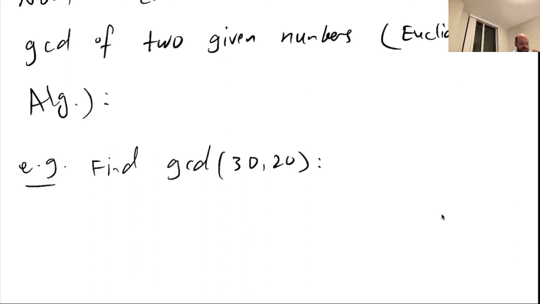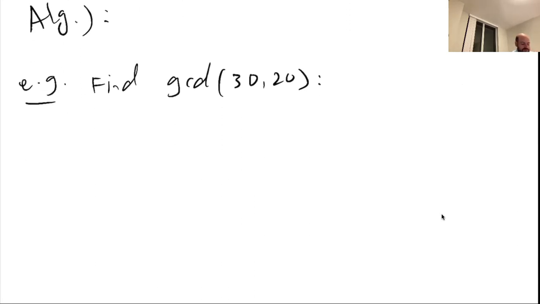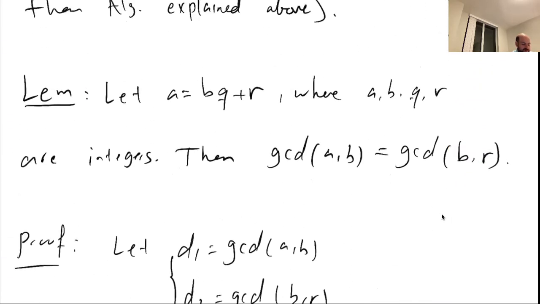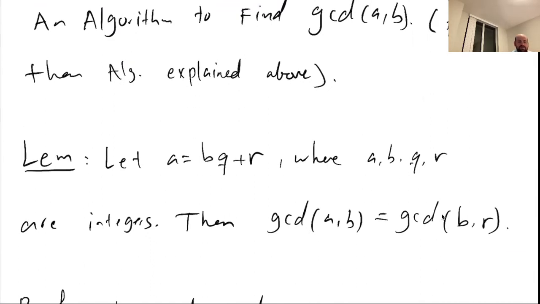In the lemma, we said that if we do the long division, A as dividend, B as divisor, then we get A equals BQ plus R. We want to find the GCD of A and B, but the GCD of A and B is the same as the GCD of B and R. So we can reduce the numbers this way, and continue until we find the GCD.